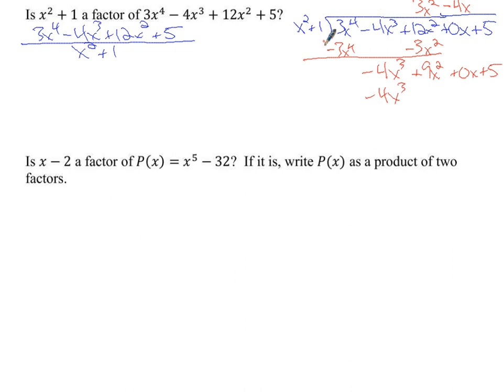So I'm going to write that below my x term, minus 4x here. Draw my line, change all my signs, and add. The x cubed terms go away. The 9x squared term sticks around. 0x plus 4x is plus 4x, and then plus 5.